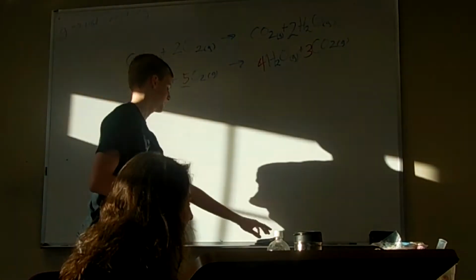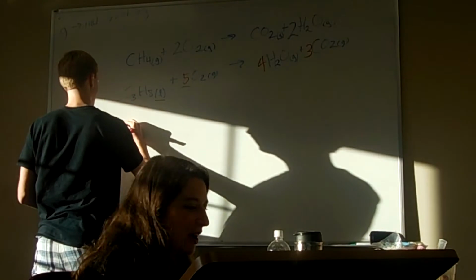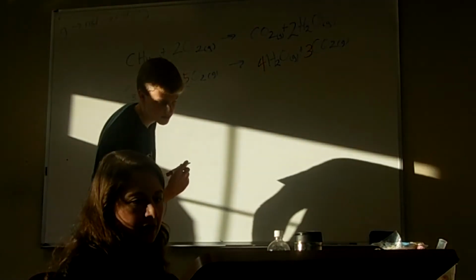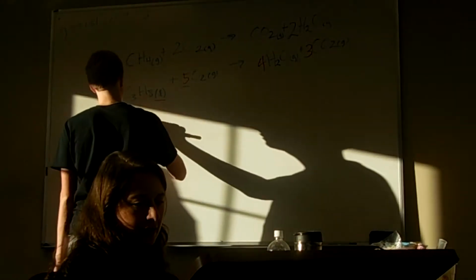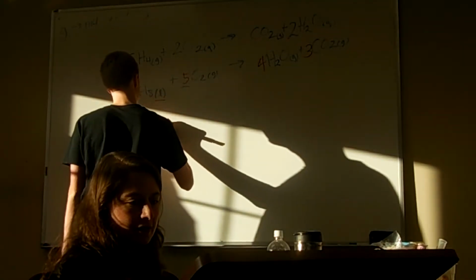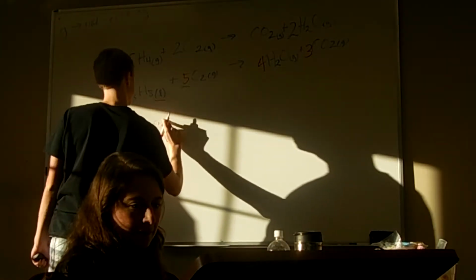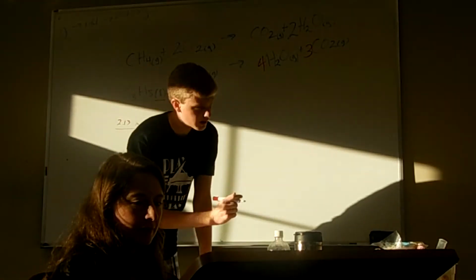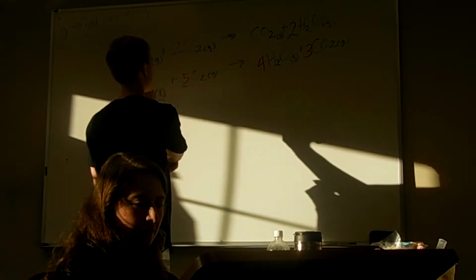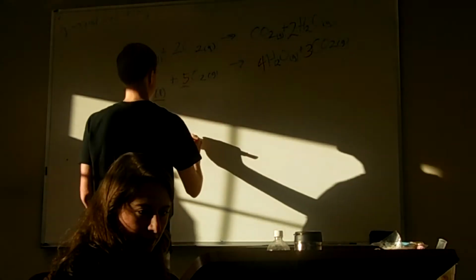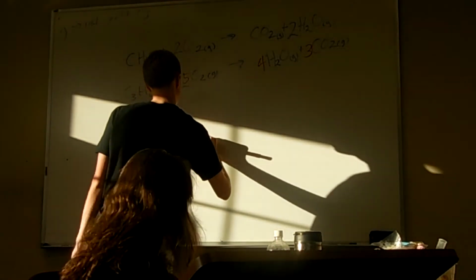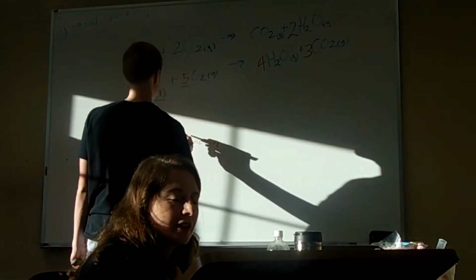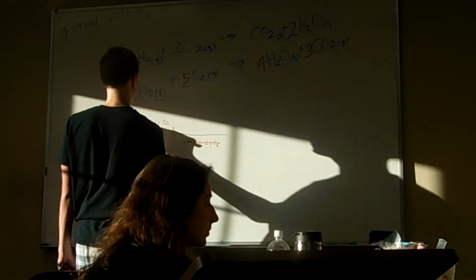2.13 moles of C3H8. We've got 1 over 3. Make sure you keep the chemical and the unit so that you cancel C3H8.